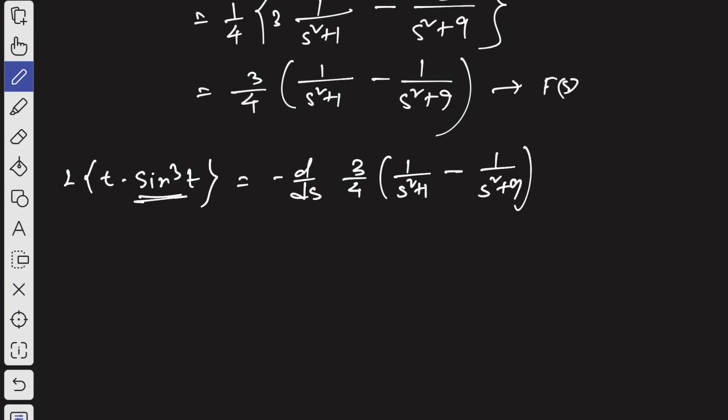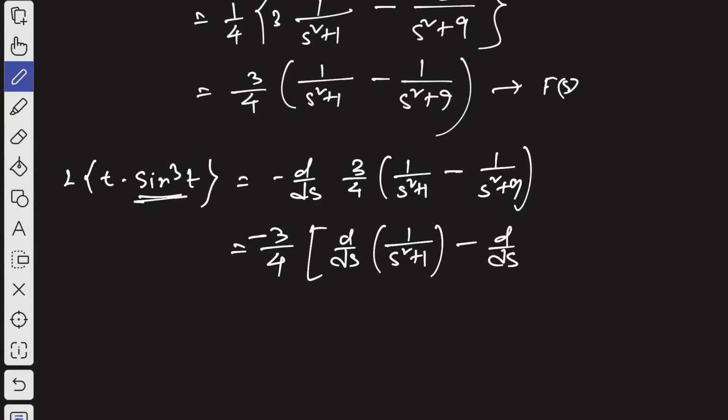Now 3 by 4 can be written outside with the minus sign, so we find the derivative of 1 by s square plus 1 minus the derivative of 1 by s square plus 9.